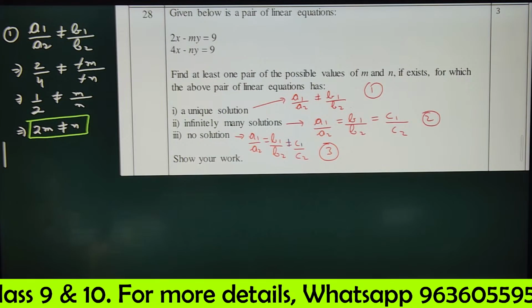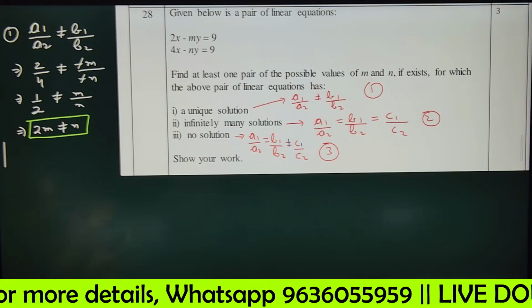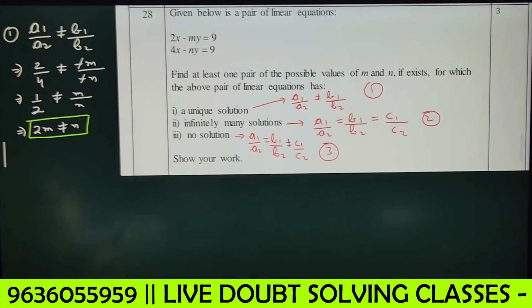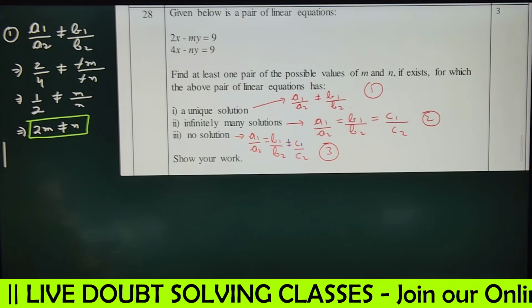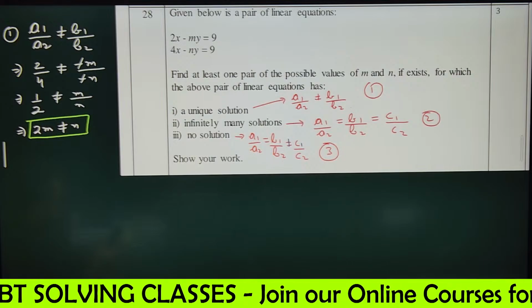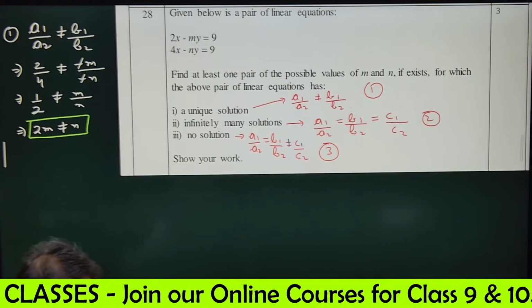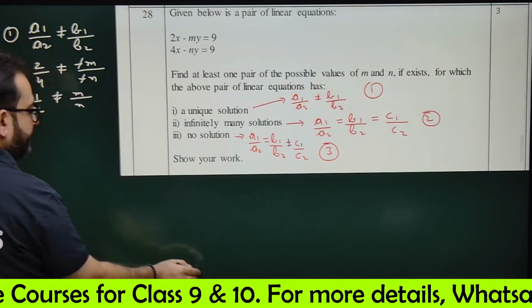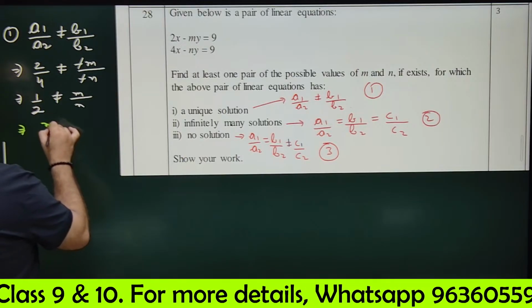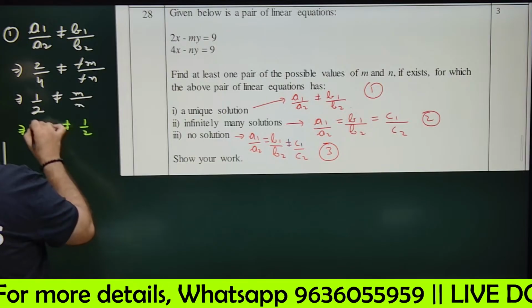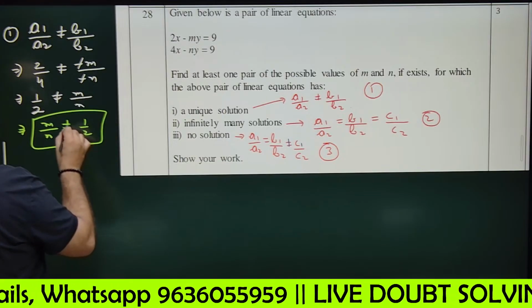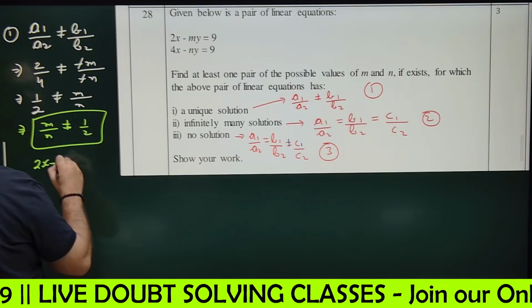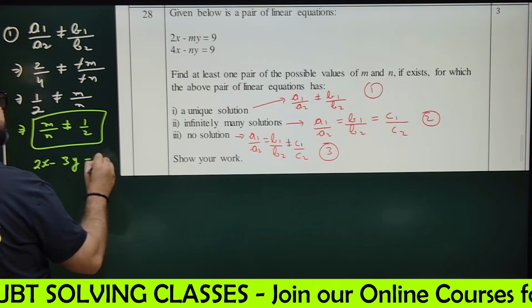You just have to take a value of m or n in the given equation which satisfies the above condition, and let's make equations, right? Simply m upon n, you must write in this format. It implies m upon n is not equals to half. This is the condition, right? So if the first equation is 2x minus my, let's say m is 3, 3y equals to 9.